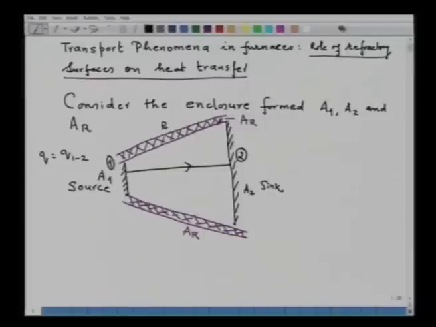The source will radiate its heat, and as we will see in the course of the derivation, some of the heat will be intercepted by the refractory wall, that is Q1R. So, the total amount of heat is Q12 plus Q1R. Now let us derive what is the role of refractory surface in the heat transfer when the refractory surface is present. For that we will make certain assumptions.